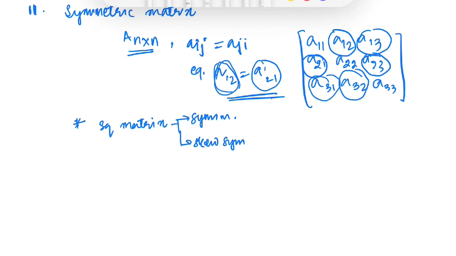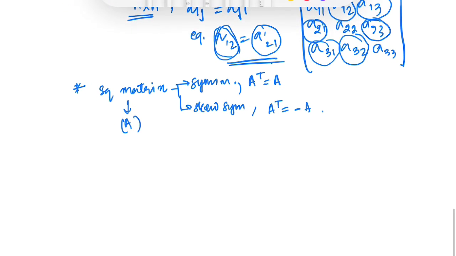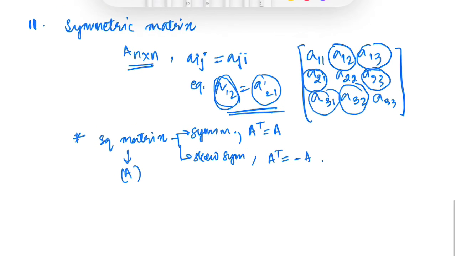So to be symmetric, if A is a square matrix, your A transpose should be equal to A, and to be skew symmetric, your A transpose should be equal to minus A. That's it. This is the necessary and sufficient condition. Alright, now we'll talk about the skew matrix.